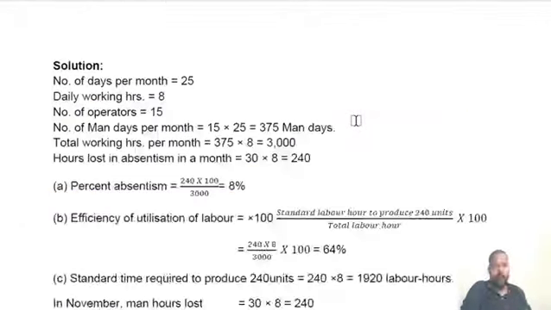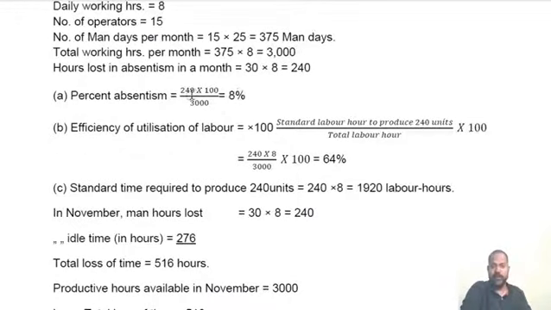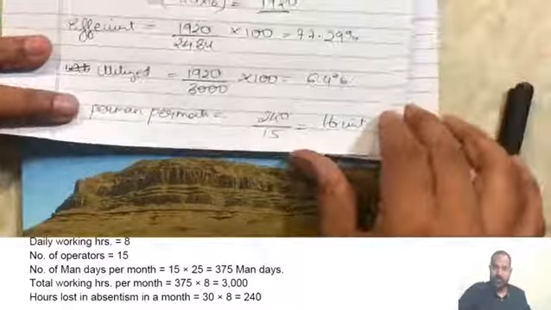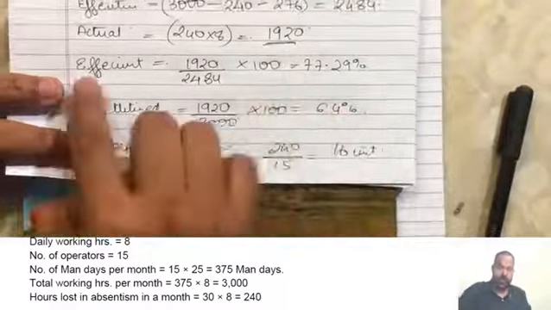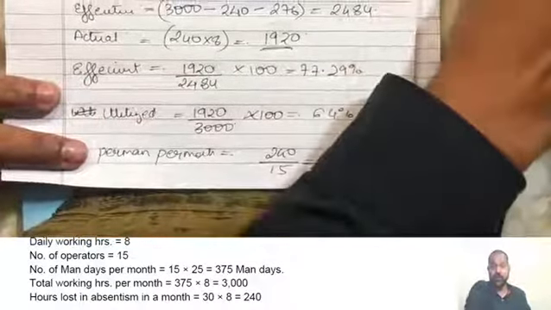So number one, percentage of absentees is 240 into 100 by 3000, 8%. Ours is also 8. Efficiency of utilization of labor is 64%, which I also got the same. My utilization was also 64%. My efficiency was 77.29%.